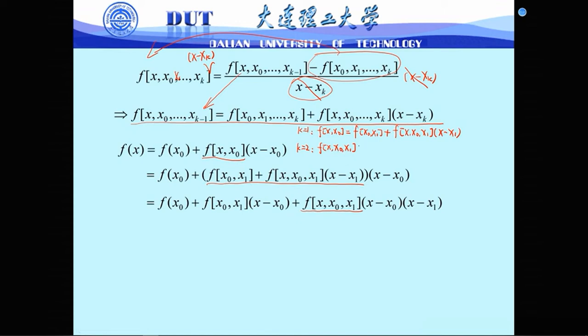And it equals the first term on the right side, f[x0, x1, x2], because k equal to 2, plus f[x, x0, x1, x2] multiply x minus xk, so x minus x2.